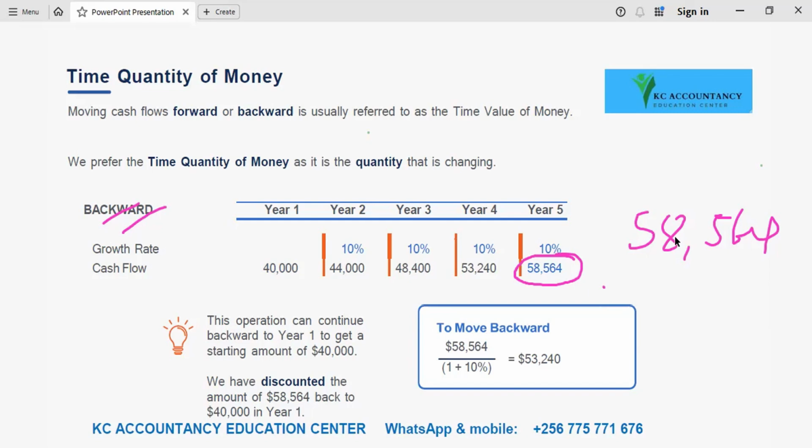And we said blue fonts portray inputs. So we are starting from year 5 with this value of 58,564 US dollars as our input, and we are moving in a reverse format.